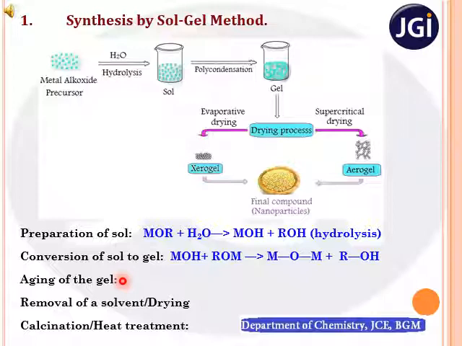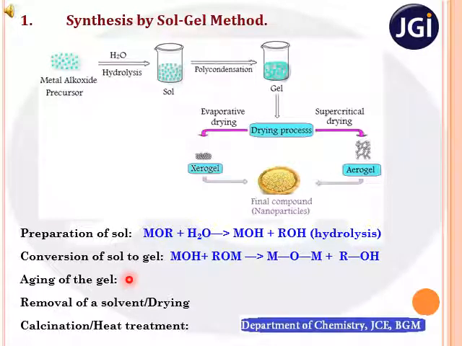In simple words, we can understand it this way: keeping the gel for some time so that the polycondensation continues and the solvent comes out from the gel, so that we will get a network type material.